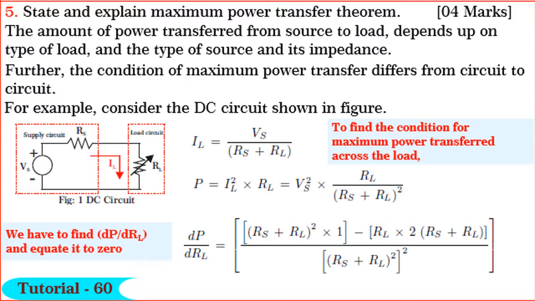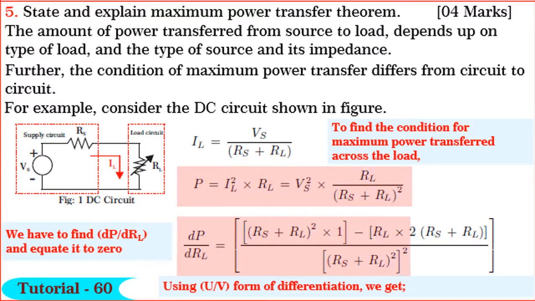equate it to 0. Therefore, using U by V form of differentiation, dP by dRL is equal to denominator into differentiation of the numerator minus numerator into the differentiation of the denominator divided by the denominator square.